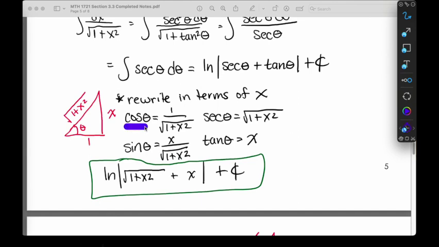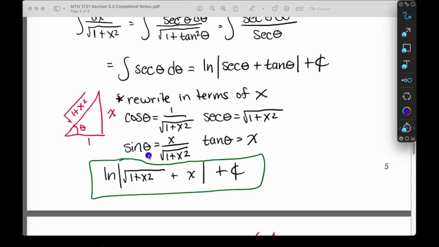So when I look at this, cosine is adjacent, which is 1, over the hypotenuse, which is the square root of 1 plus x squared. So here's my cosine. So when I take the reciprocal to find my secant, I get the square root of 1 plus x squared. So secant is going to get replaced down here with the square root of 1 plus x squared.